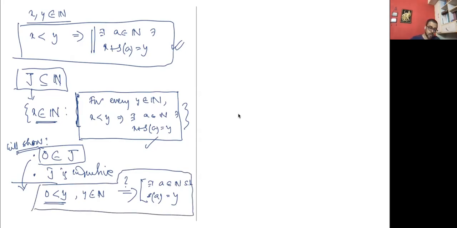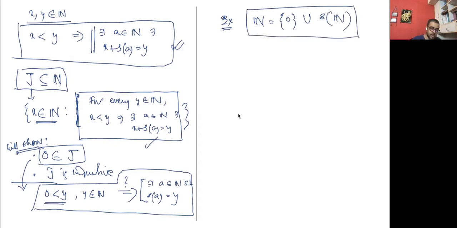Okay. So this will follow from the following property. That N is in fact the union of these two.